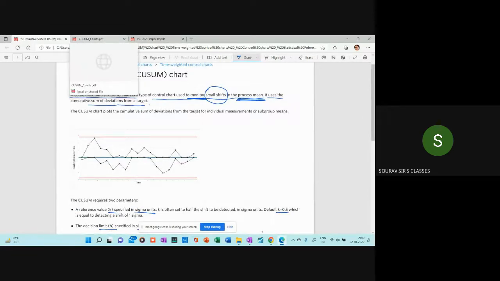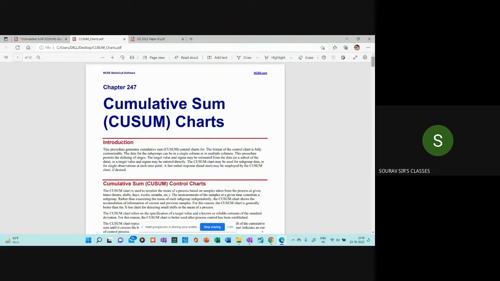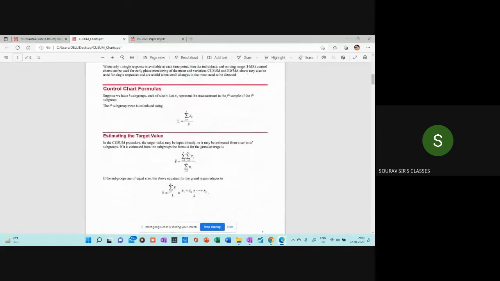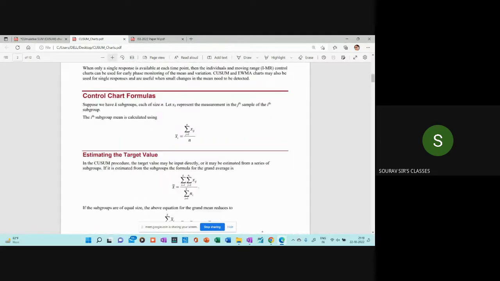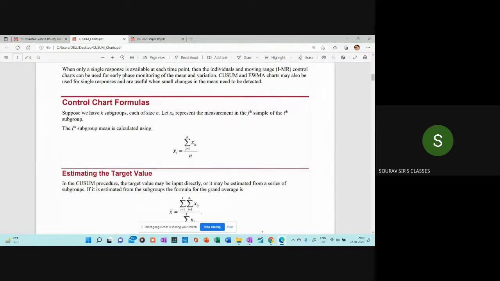Then we will move on to one paper which I am referring to for the CUM-SUM chart, where we get the formula. This control chart's formula is this. So xi bar is summation over j of xij by n. For any ith subgroup, we get this particular mean.